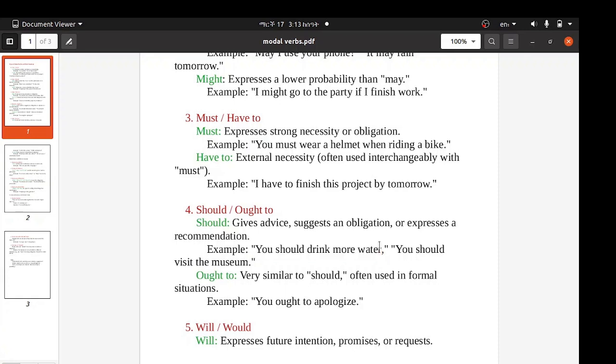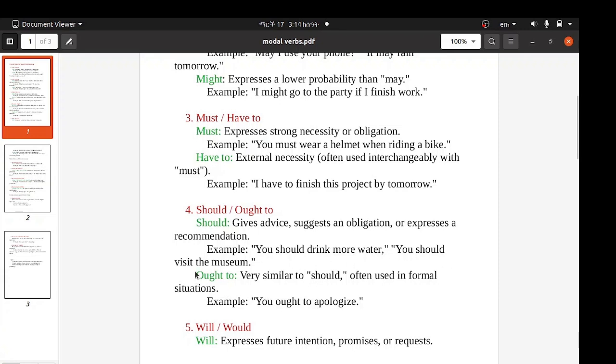More often, we use should to give advice. For example, you should visit the museum. Visiting a museum is not an obligation, but it is advice, an idea, or a recommendation.